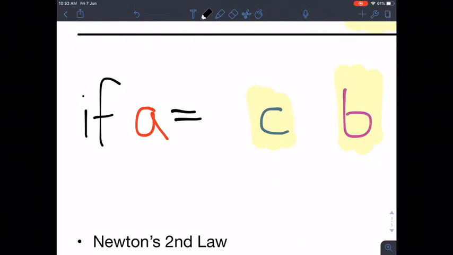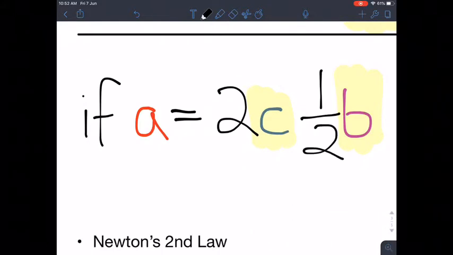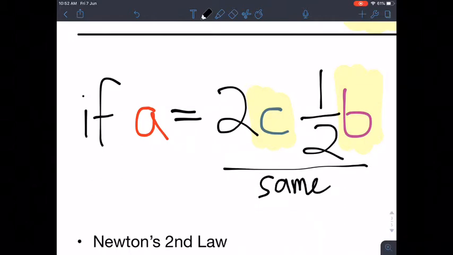So if I double variable C, if I multiply it by 2, then I have to divide variable B by 2 in order for this to remain the same, and therefore it still equals A.